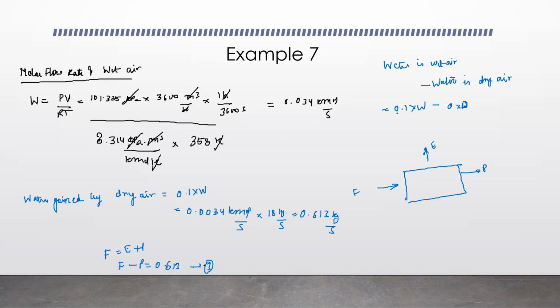Therefore, by solving 1 and 3, we simply get F equal to 0.744 kg per second, and P equal to 0.131 kg per second.